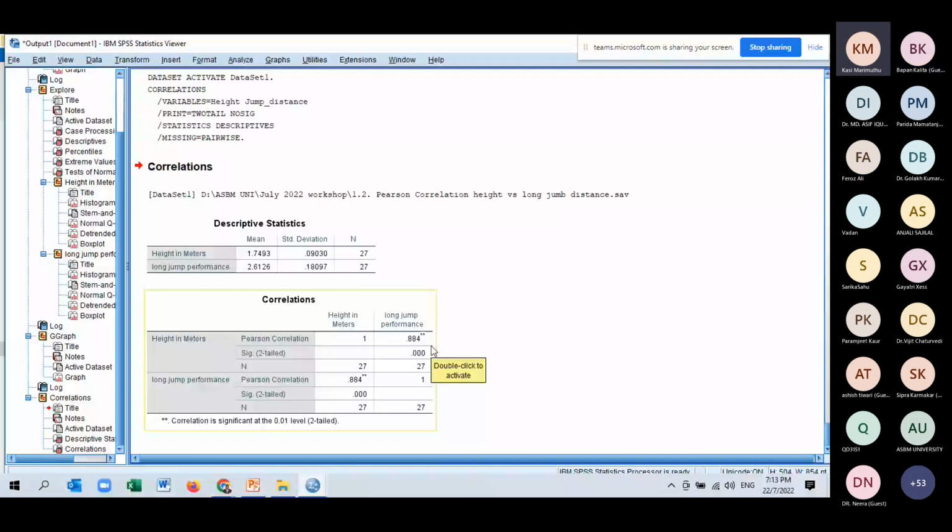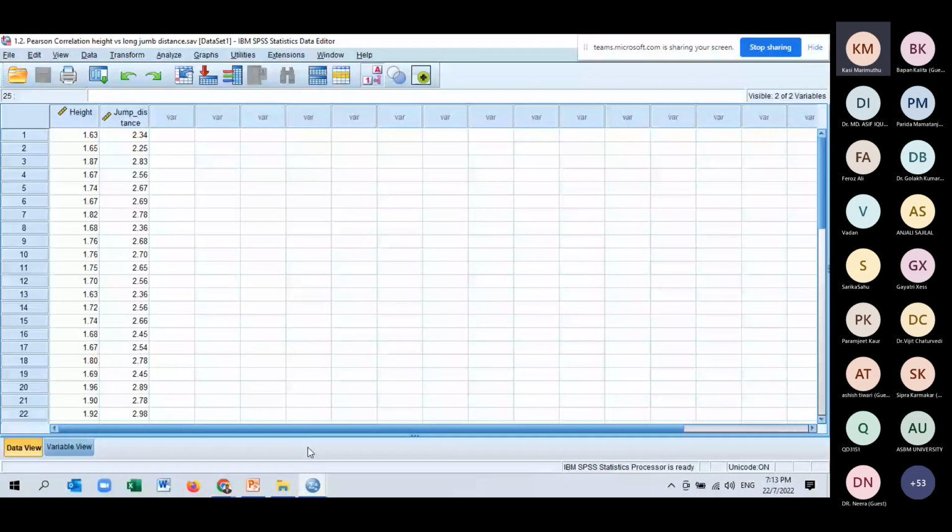P is nothing but the probability of having the results due to chance. Chance is very small, so this is due to your x and y variables, the results are due to height and long jump performance. Agree? Okay. So please go to the next exercise.